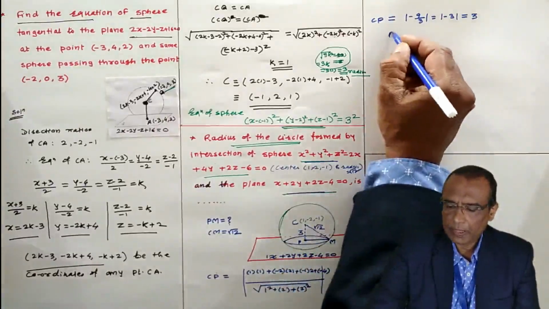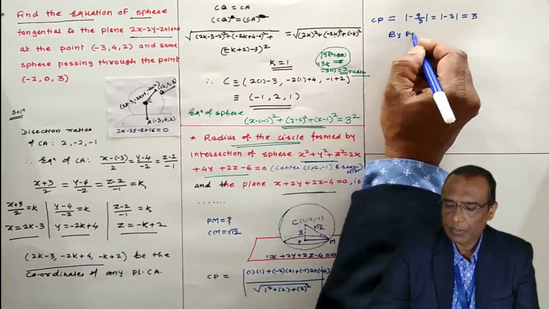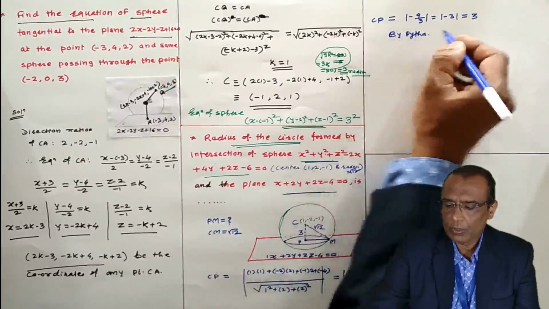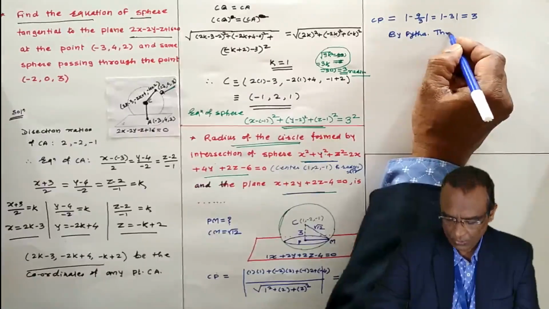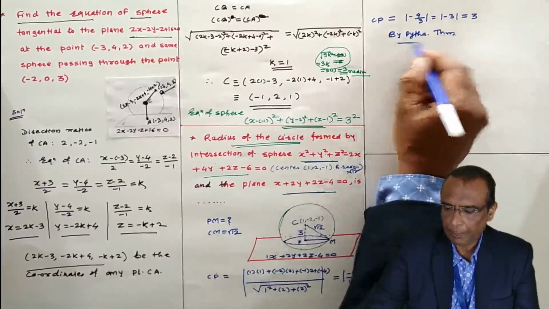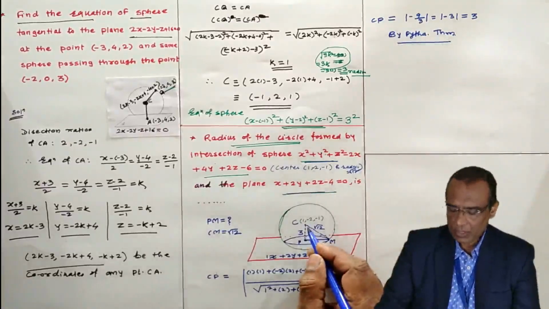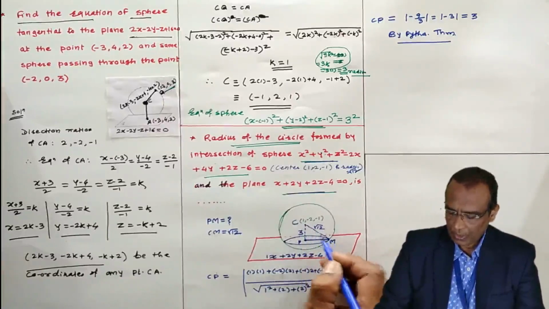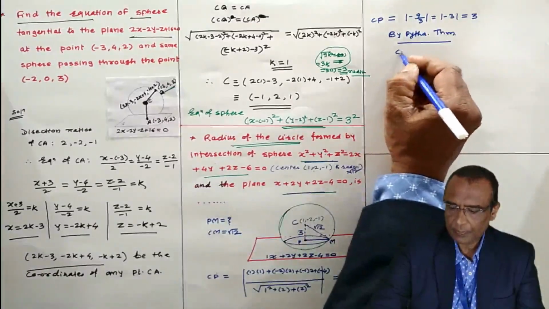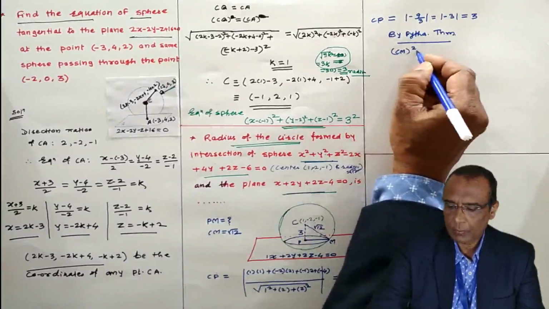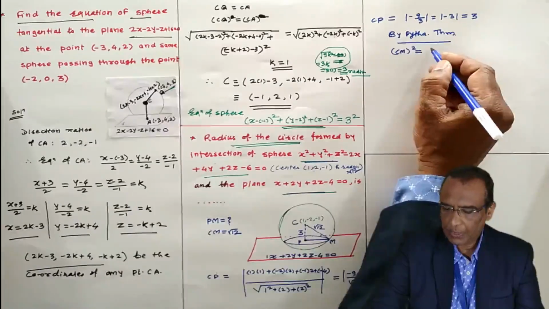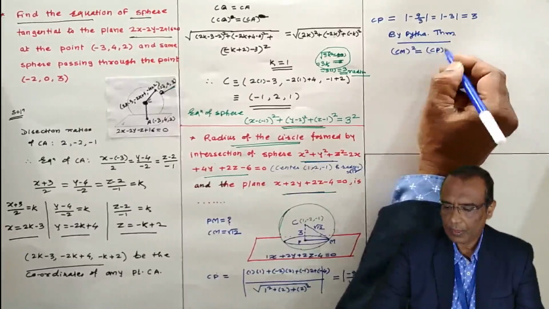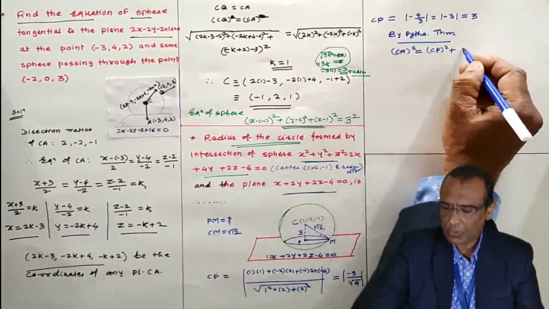Now, by the Pythagoras theorem, you can find the value of PM. I am using the Pythagoras theorem in this right angle triangle PCM. Here CM square, the hypotenuse square, equals CP square plus PM square.